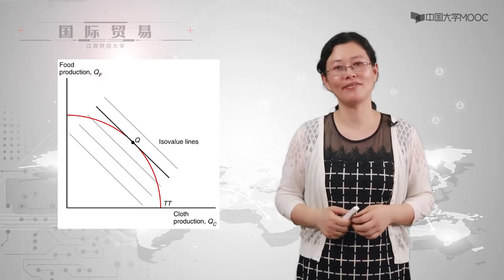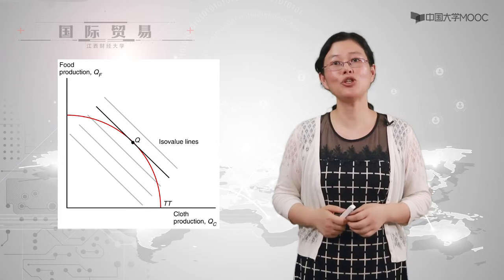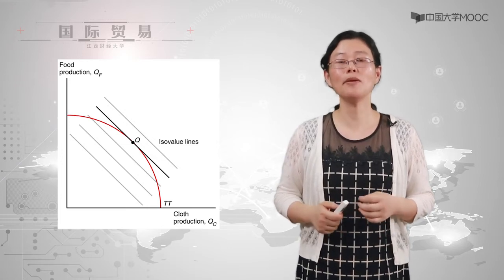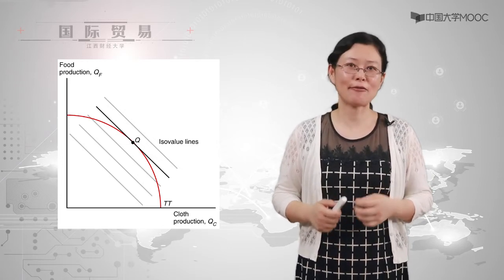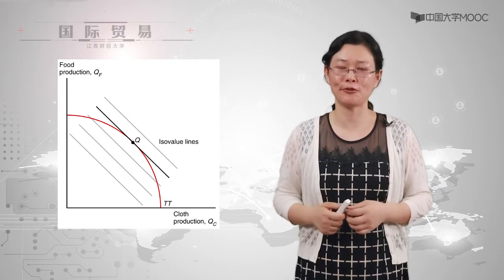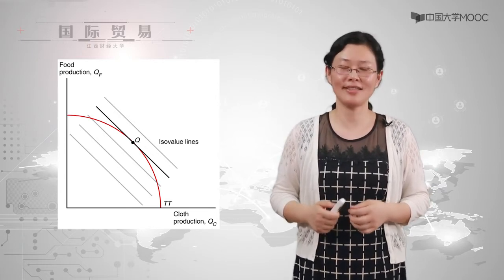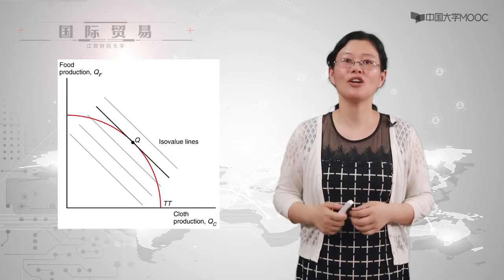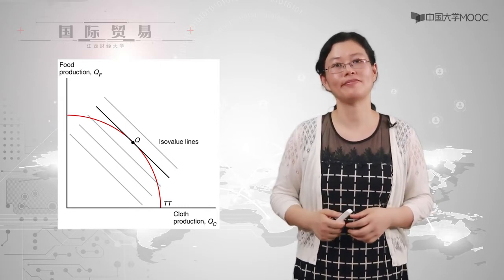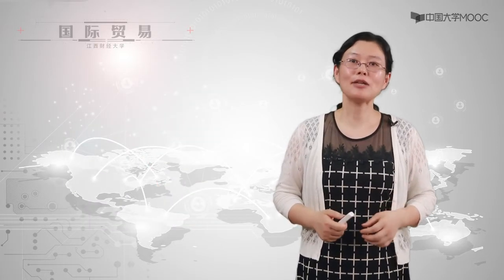Look at figure 1. The production of cloth can only be increased by sacrificing the production of food. So the TT line in this figure is concave to the origin. The production possibility frontier just shows us the production capacity of this nation when the resources are fixed.